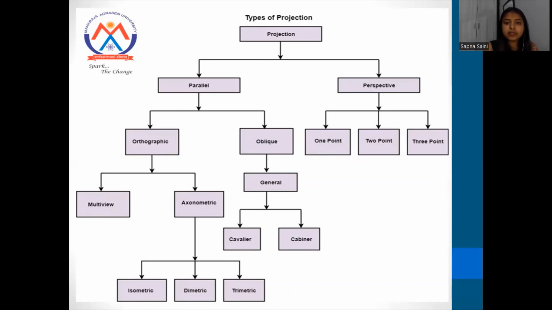And in parallel to that, perspective is divided into 1 point, 2 point, and 3 point perspective projection. So this chart shows the classification and the types of projection which we will study in this class.